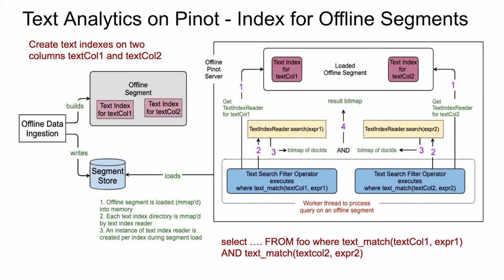Then, based on whatever you have in the rest of your query, whether it's an AND on another text match filter or something else, we do the same thing. We merge the doc IDs or intersect them. So in this case, there are 2 predicates on the text match columns, and we just AND the sets of doc IDs after the results are retrieved from the Lucene text indexes.